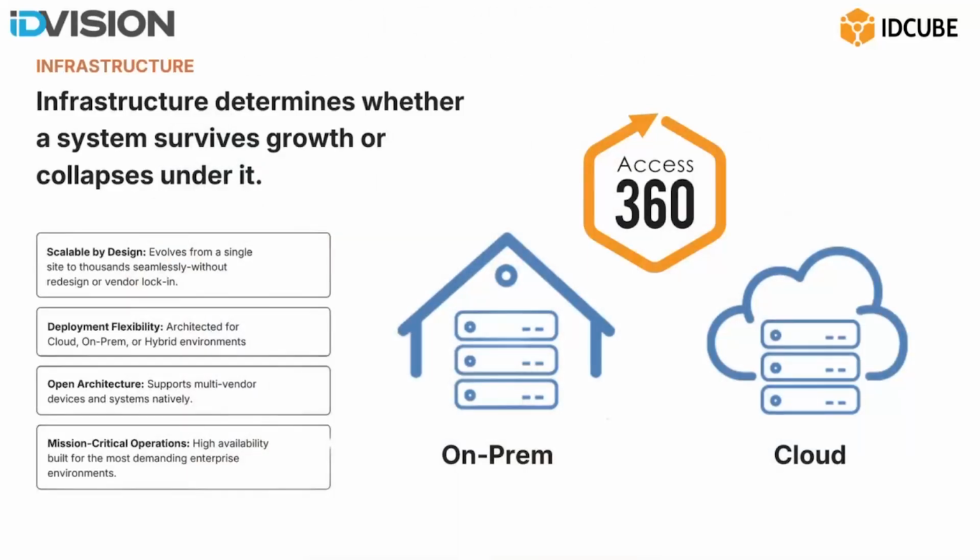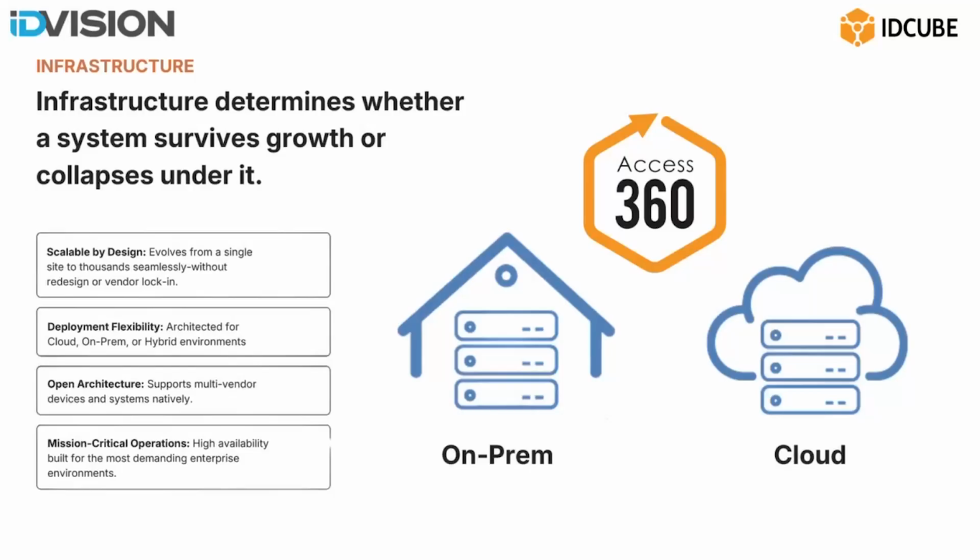So infrastructure. Here, Access 360 gives you the openness to host your access control on-prem, on cloud, or in a hybrid environment. So we let the customers choose how they want to deploy their access control.